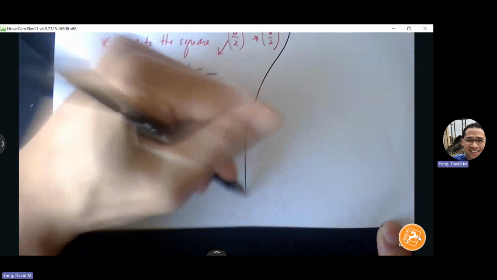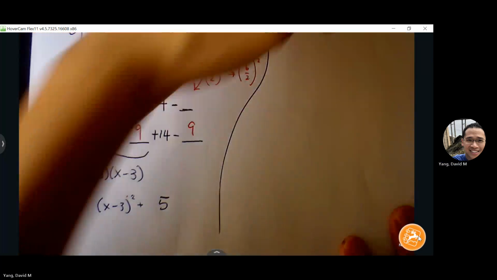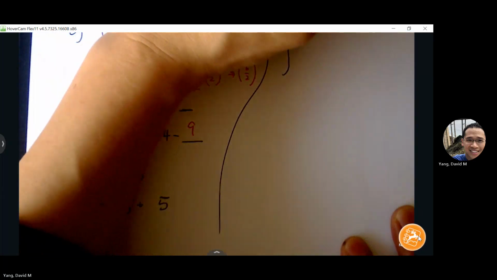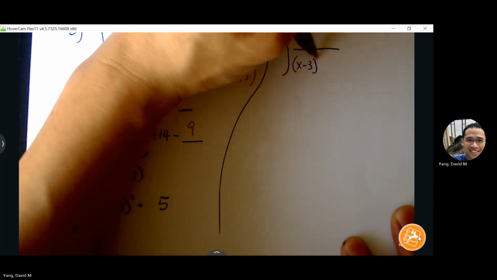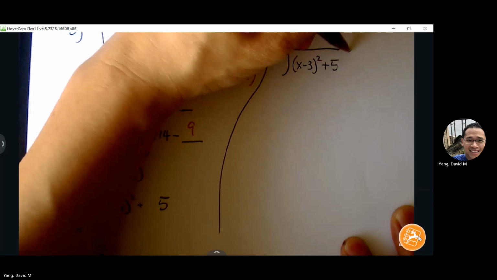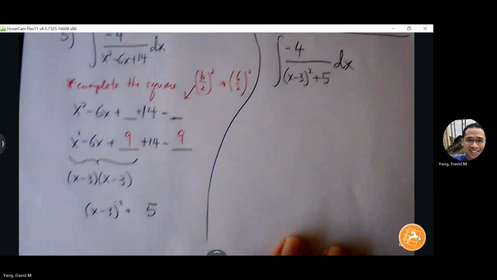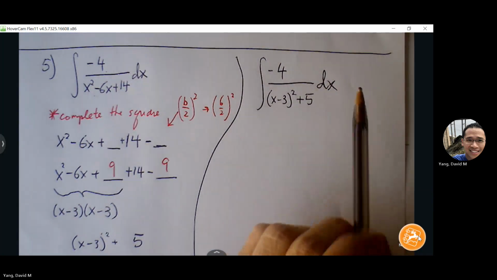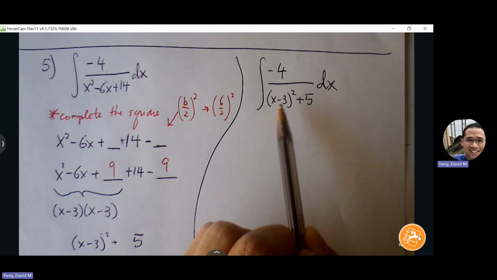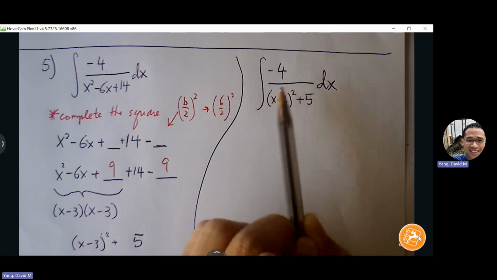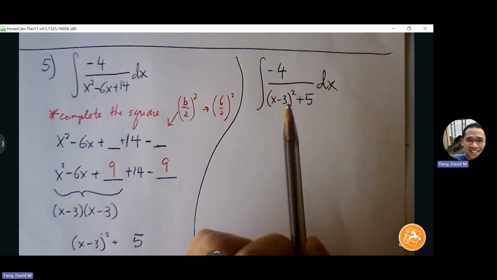Okay, let's reset. Okay, so we have the u portion ready, but we know we're going to be working towards our tangent.